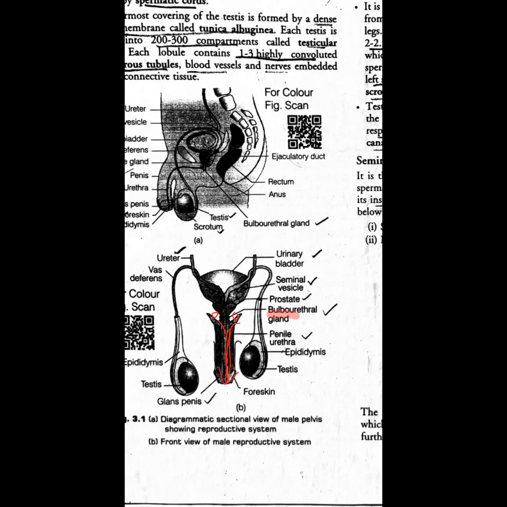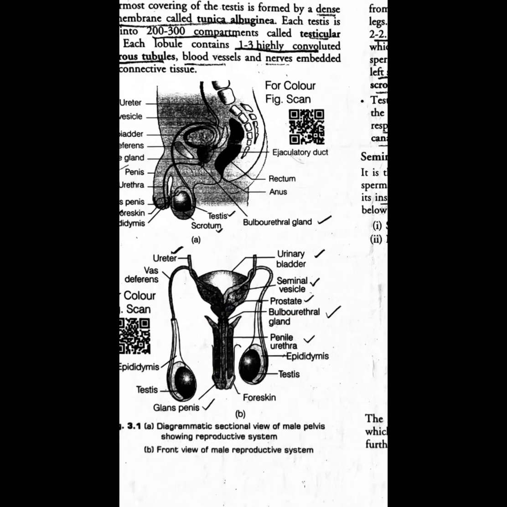And then after some time, the semen, that is the sperm plus all the secretion, would be released out from the penis. So for lubrication and for neutralizing all the uric acids. Clear, students, still here? Any doubt?